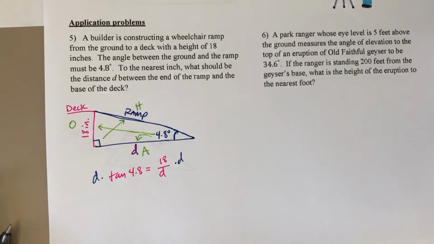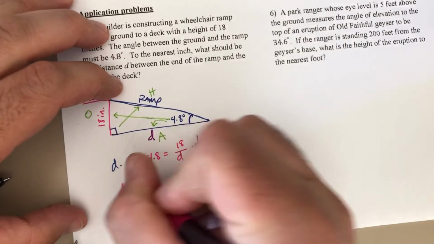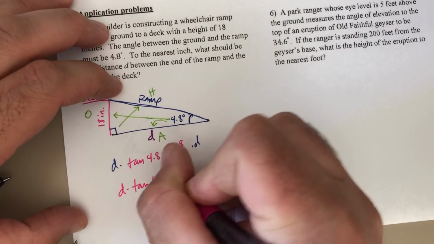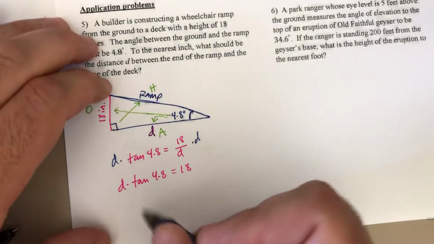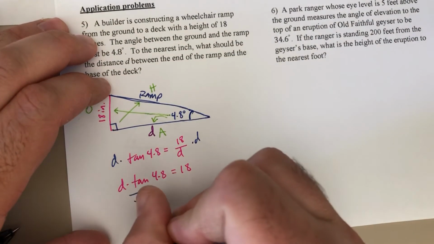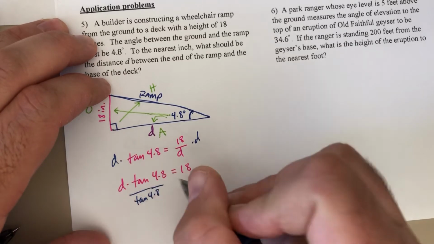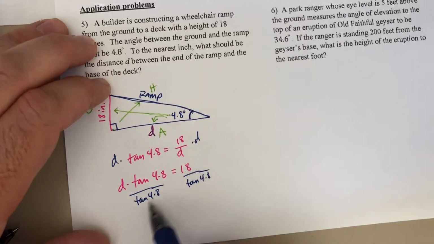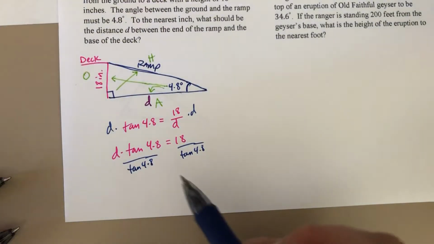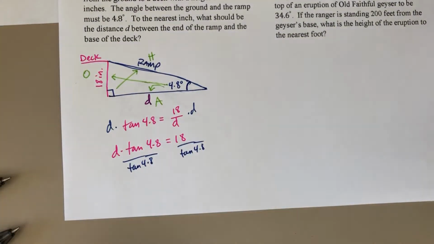So we've got d times tan 4.8 equals 18. We're still solving for d, so we have to divide by tan of 4.8. The tan and the 4.8 are connected; you can't separate them.